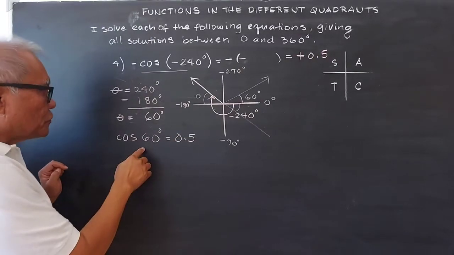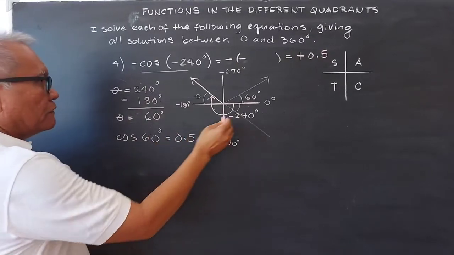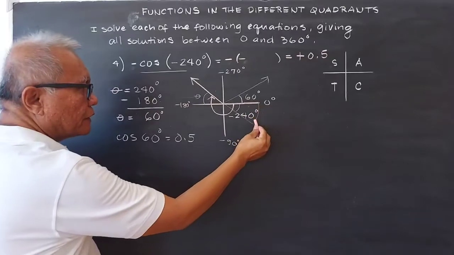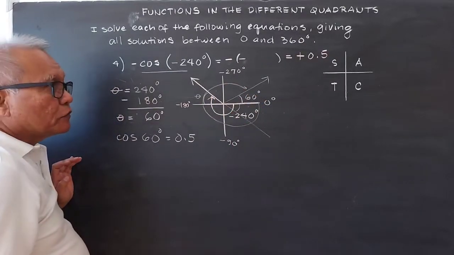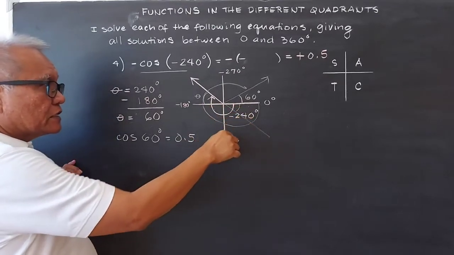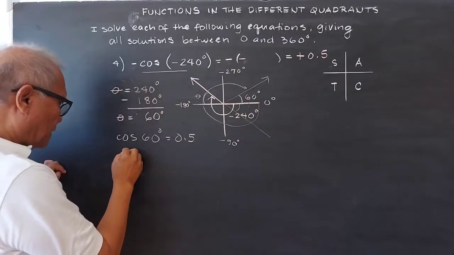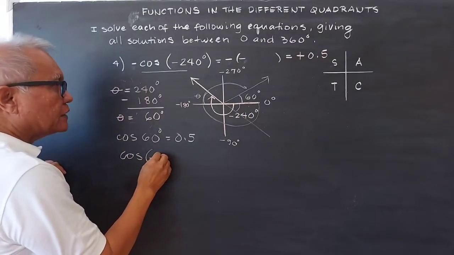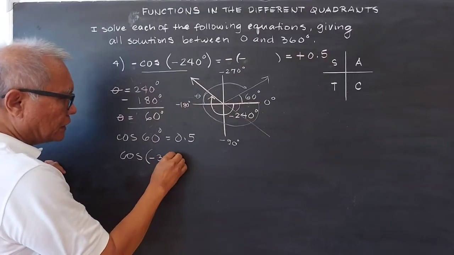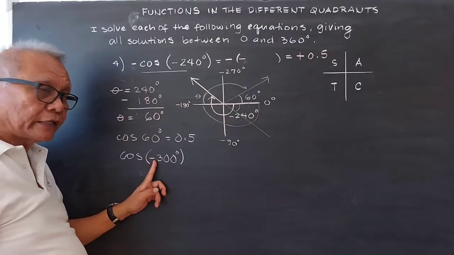Or if you want this one in negative angle, then you have this one from here up to there. So it will be 360 degrees minus that 60 degrees. We will have cosine of negative 300 degrees, if you want your degrees in negative.